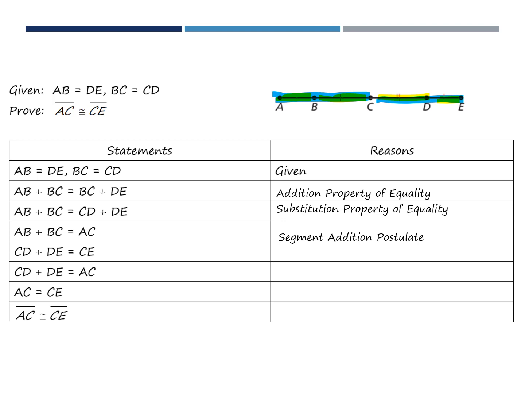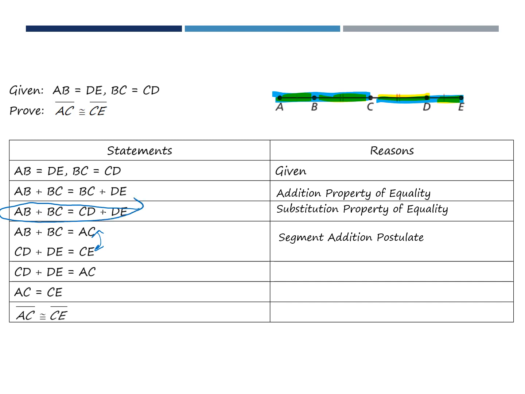From there, I'm going to CD plus DE equal to AC. So it looks like I've subbed in, but I haven't, because those aren't equal yet. We haven't been able to say that those are equal. What we do know is that AB plus BC equals CD.